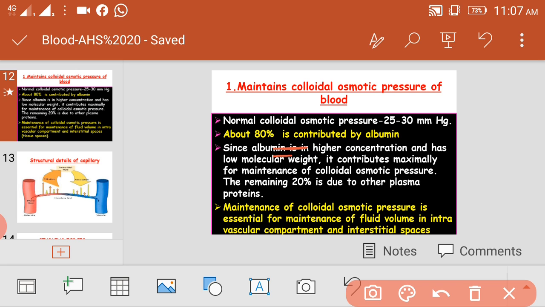Normal colloidal osmotic pressure is 25 to 30 mmHg. Mainly the albumin will maintain this pressure at the capillary end.